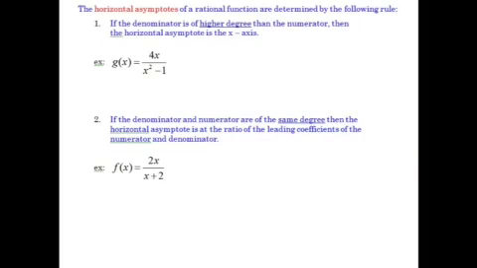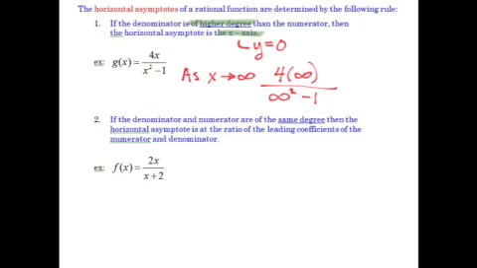Alright, so if we look at horizontal asymptotes, that's what happens as x gets really, really big, so positive or negative infinity. And if the degree on the numerator is less than the denominator, then it goes to 0. We can see why in a second. So if we let x go to infinity, now we can't really plug in infinity, but if we did, on the top we get 4 times infinity, and I think we can agree that infinity squared minus 1 is just about infinity squared.